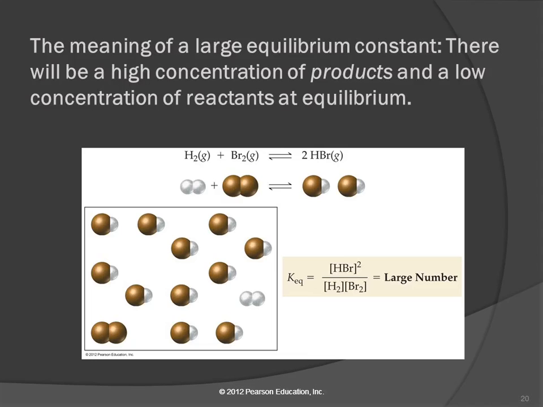So if we have a large equilibrium constant, these slides are referring to the previous slide. There's the equilibrium constant. If this is the expression, if this is a large number, that tells us that relatively we have a large number of product molecules compared to reactant molecules.